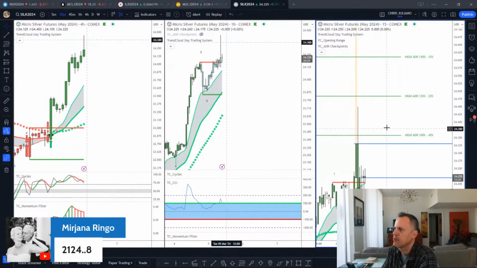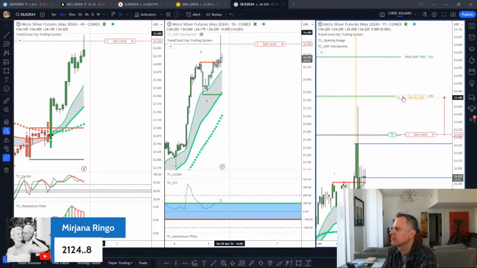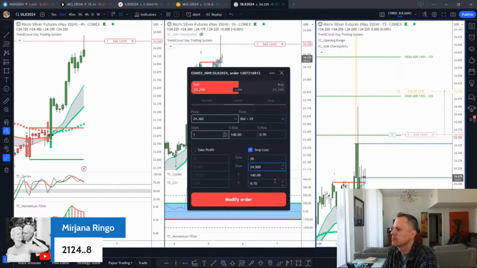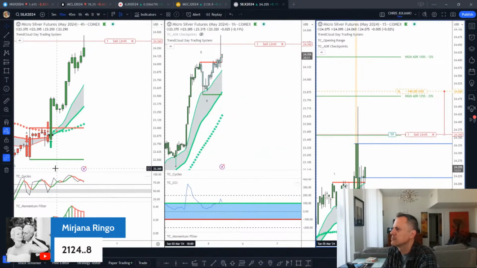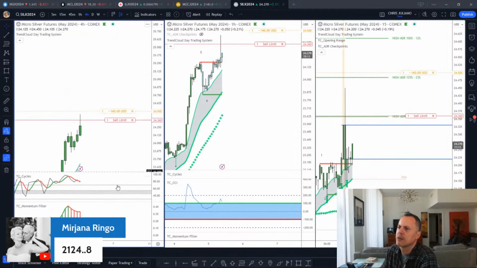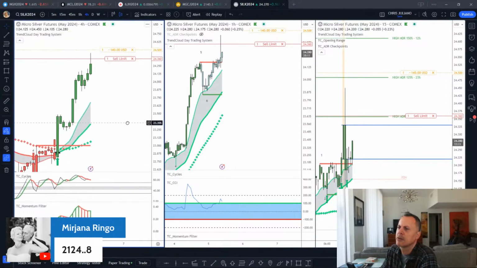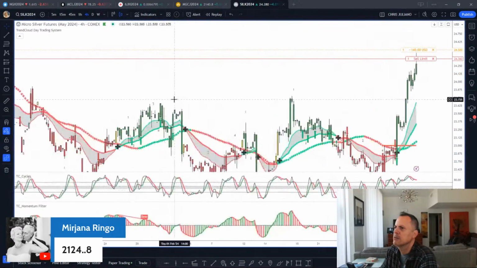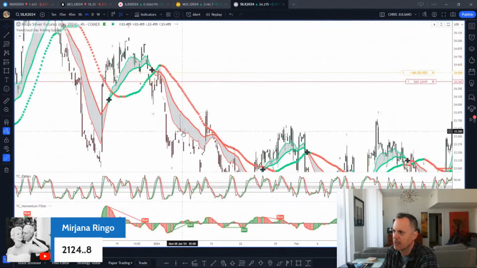Oh, come on, TradingView. What are you doing here? There we go. We can take a chance on micro silver. Same situation. 4-hour chart. See all this space?